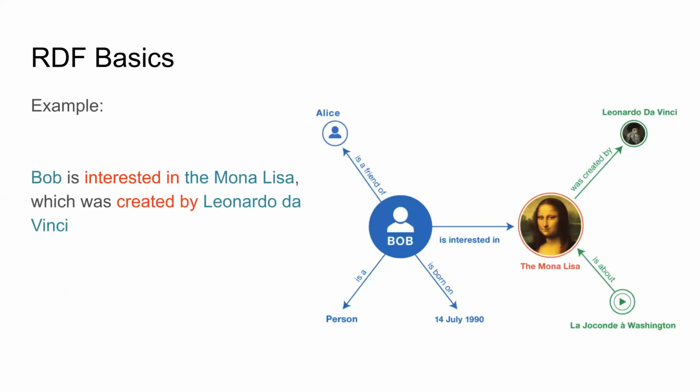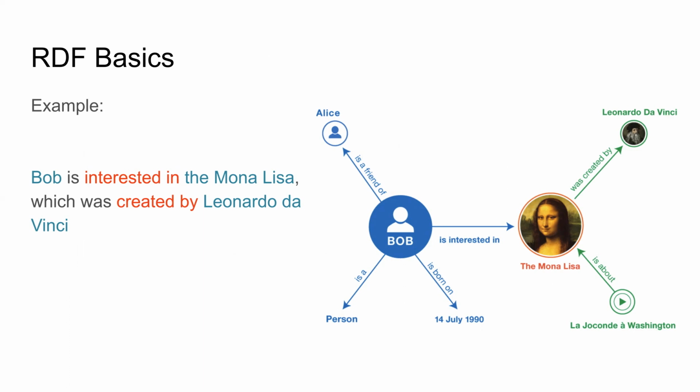Now, to give you an example of what it means to create a resource on the web, imagine a small graph where you have Bob, who is interested in the Mona Lisa, and the Mona Lisa was created by Leonardo da Vinci.